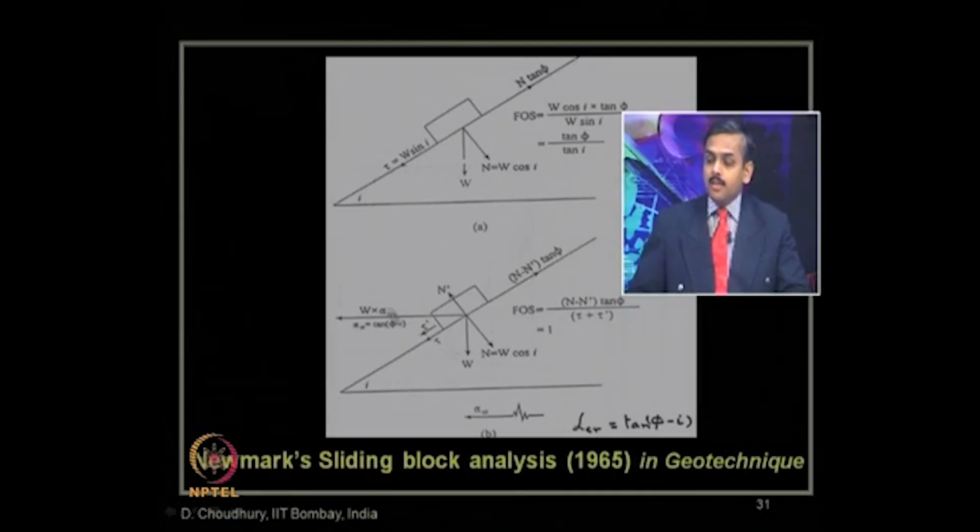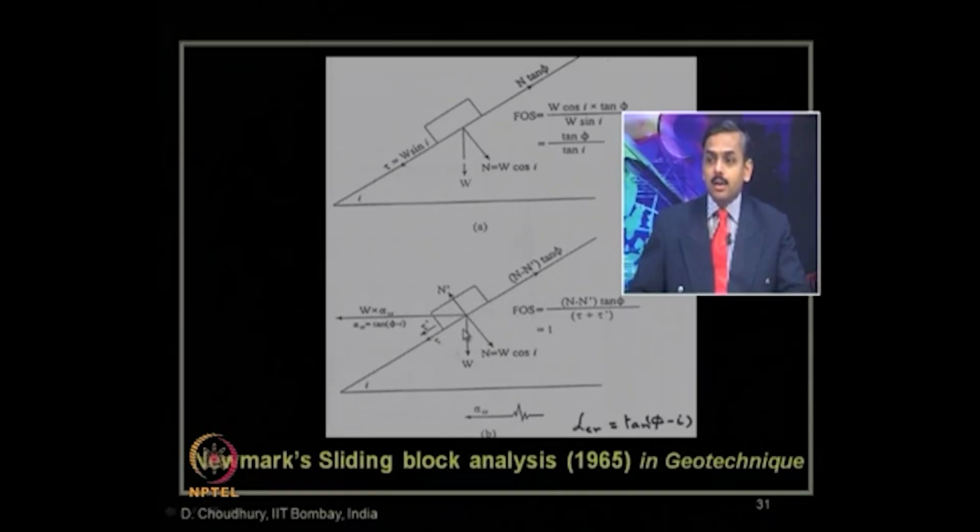So, when this seismic horizontal inertia force is added, what are the changes occurring? Now, you have an additional component of this W times alpha CR, which is the inertia force along this driving direction, okay? And you have another component of this in the vertical direction, which is reducing your normal force N. So, both ways it is damaging the stability.